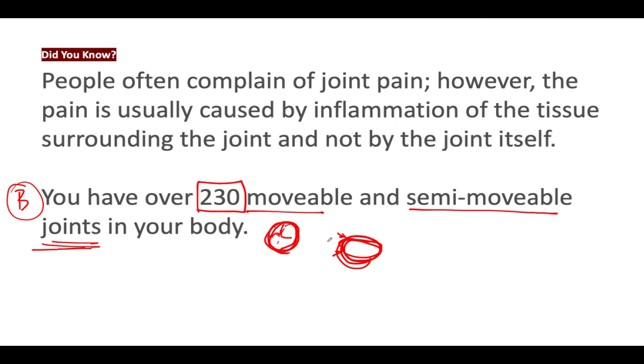And so in that sense, babies are very, very flexible. As we get older, there's calcium deposit, and those movements become very limited. But again, the concept here is that there's a large number of joints, and most of them are movable, and quite a number of them are semi-movable joints.